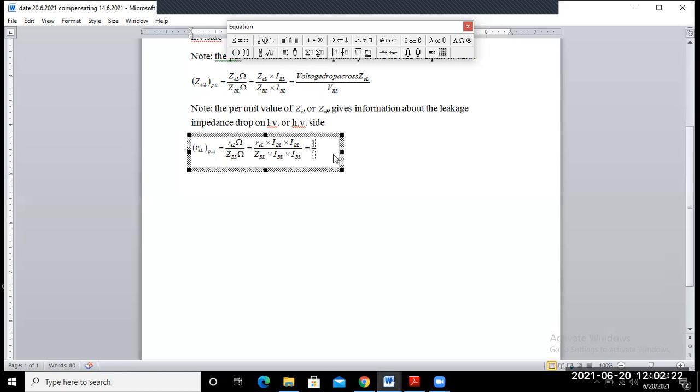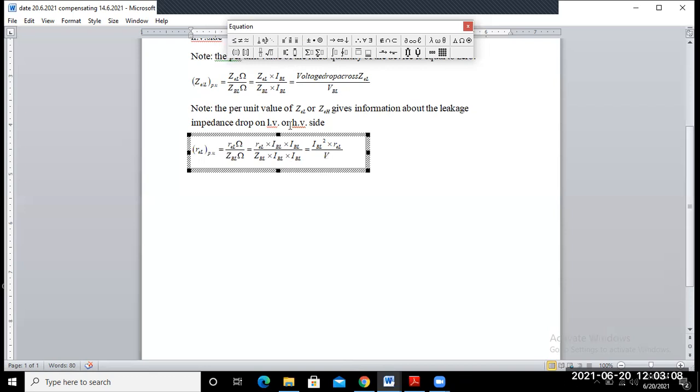So ohmic losses, that means I_BL square into R_EL is equal to ohmic losses, and this one, impedance into current, is equal to the base voltage along the low voltage side.